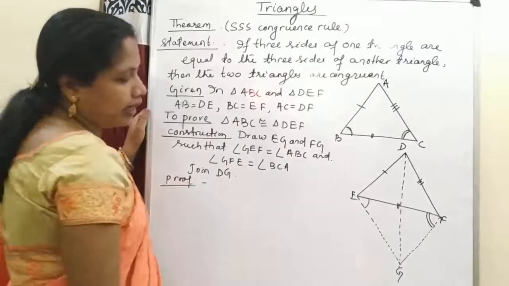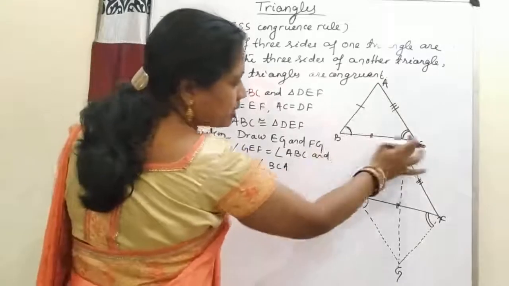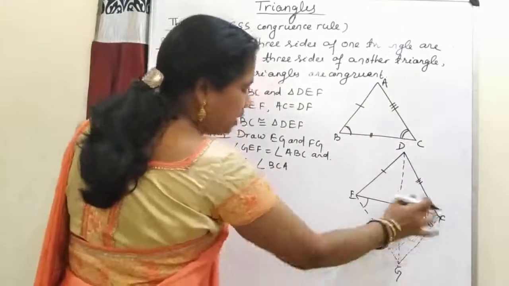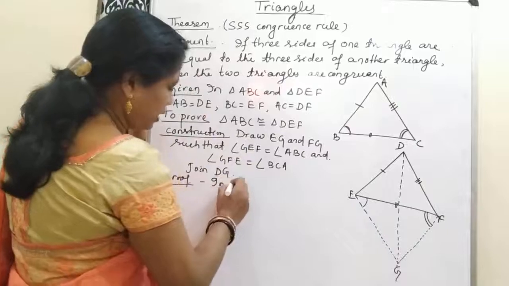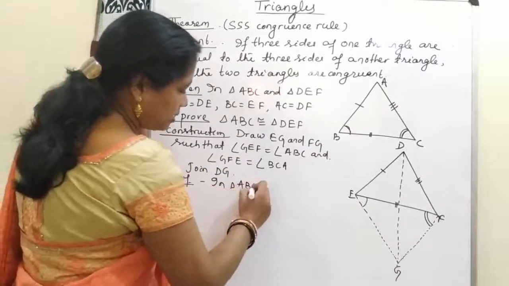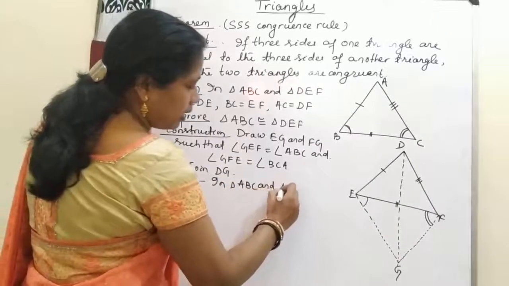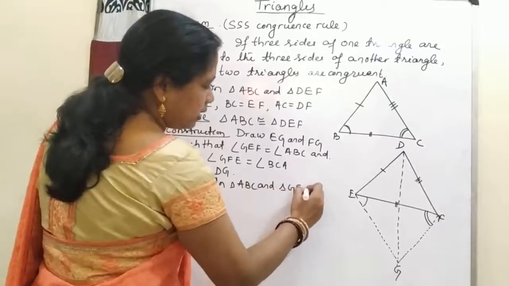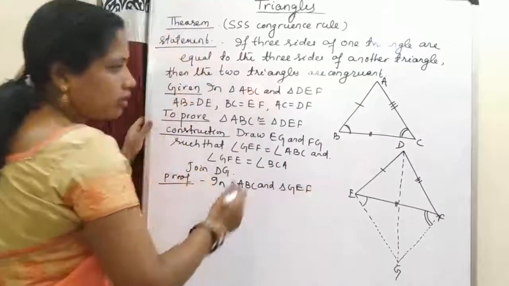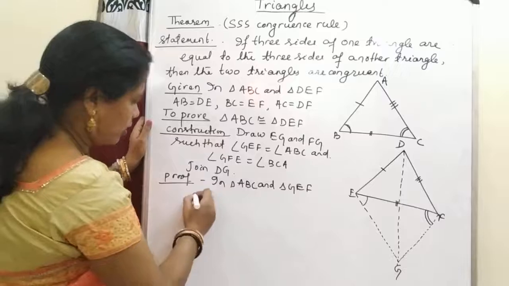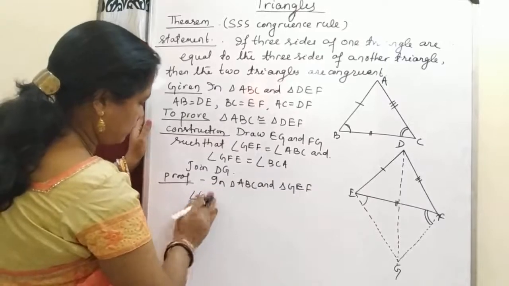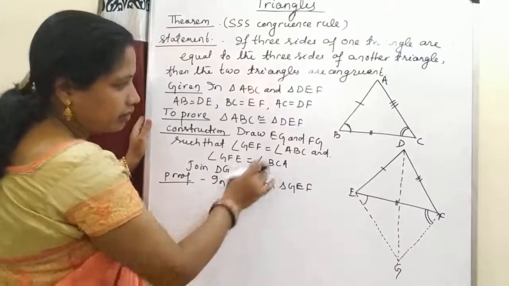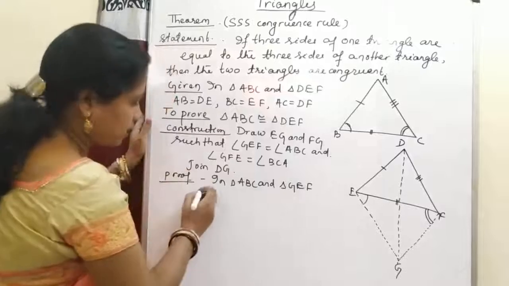Now we will take two triangles, triangle ABC and triangle GEF. In triangle ABC and triangle GEF, what are the equal parts? We write the parts of triangle ABC first.